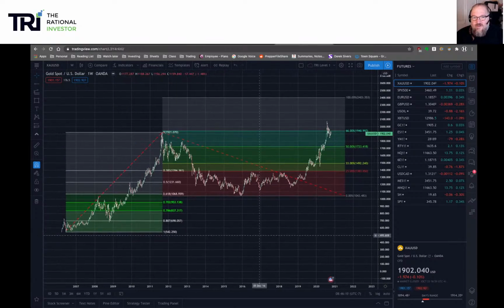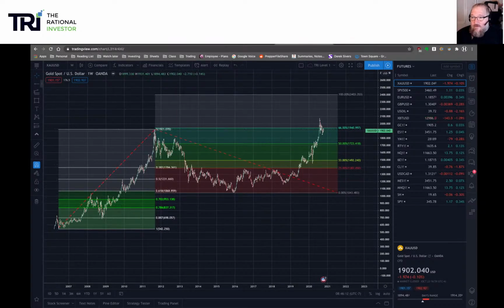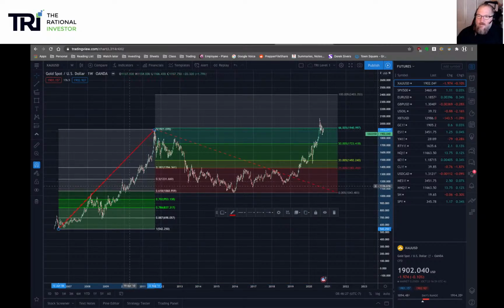Now let me show you another way that we can draw this. If we come into a trend line, we just draw from here, if it'll let me grab the right point, to here. What we can do is copy that. You can just Control C, Control V to paste it.